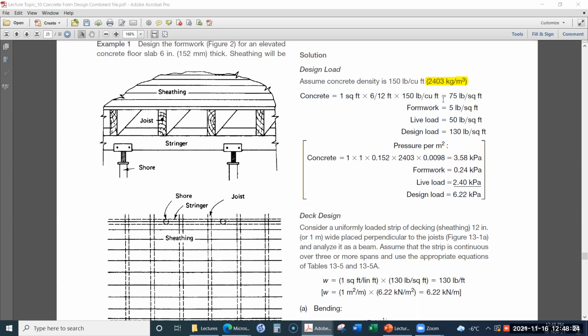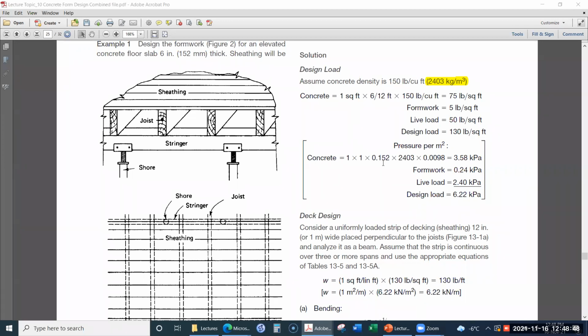So for this normal weight concrete, the dead load will be given by this. Let's look at only the values given in the square brackets, because the values without the square brackets are in US customary units, and our preference will be the SI units.